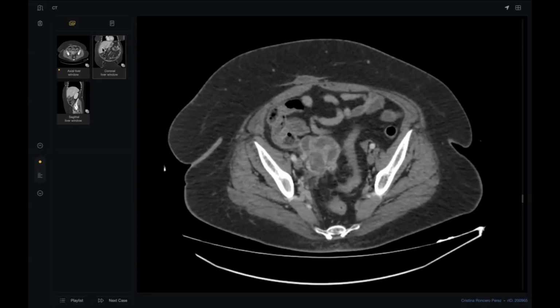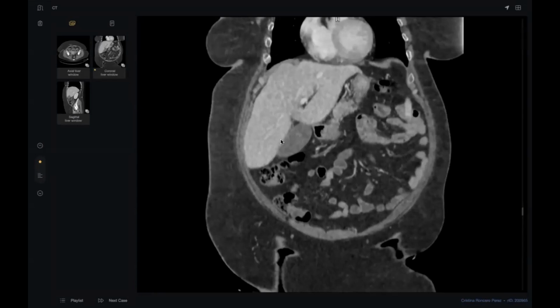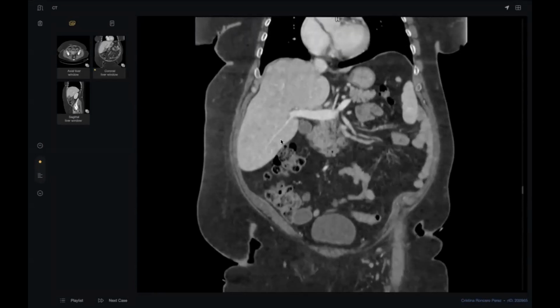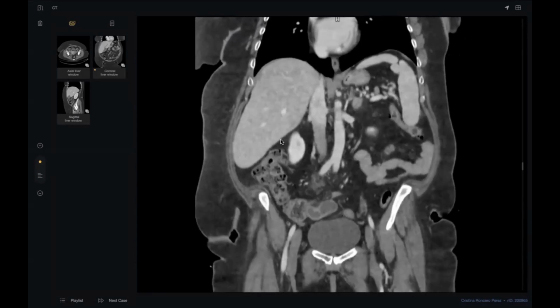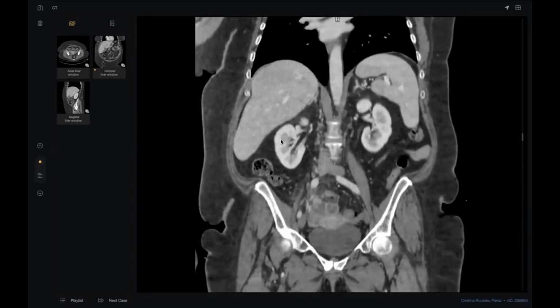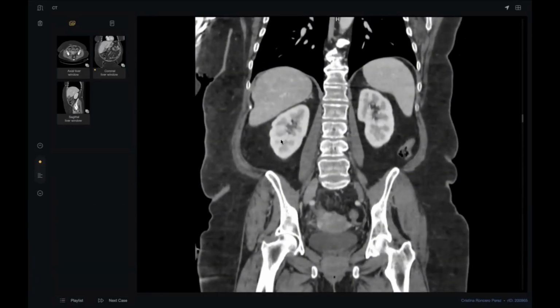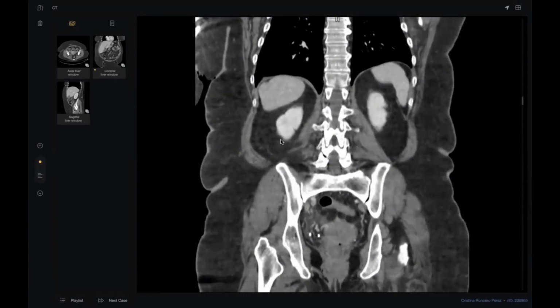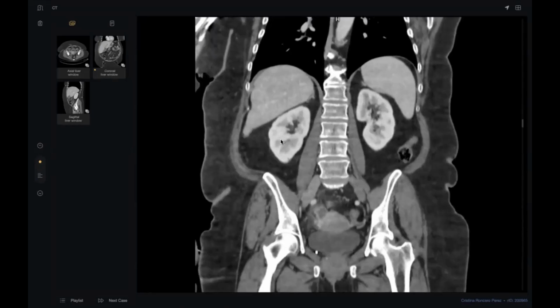This is the coronal view. Yeah, this is the uterus, and the right adnexial lesion is noted again.